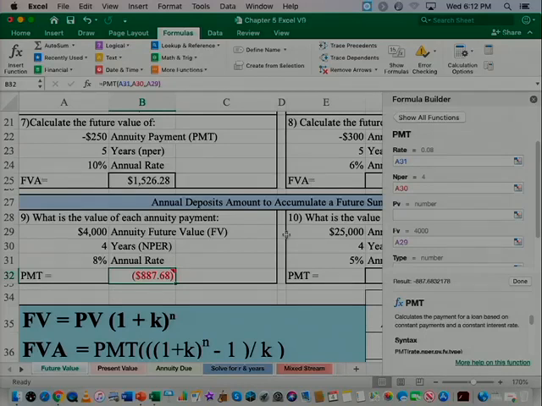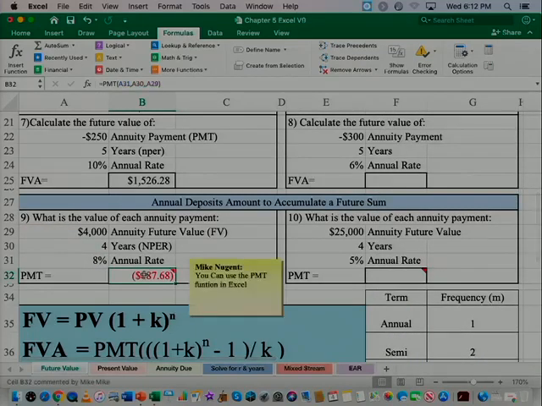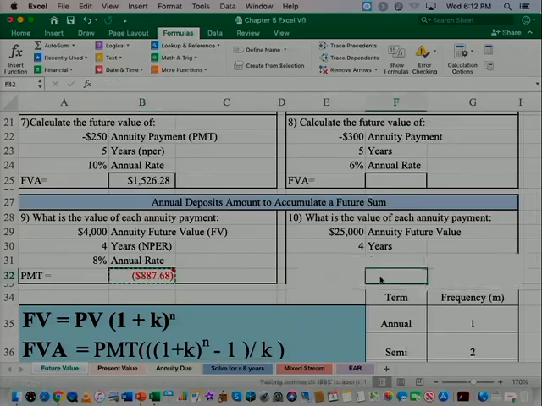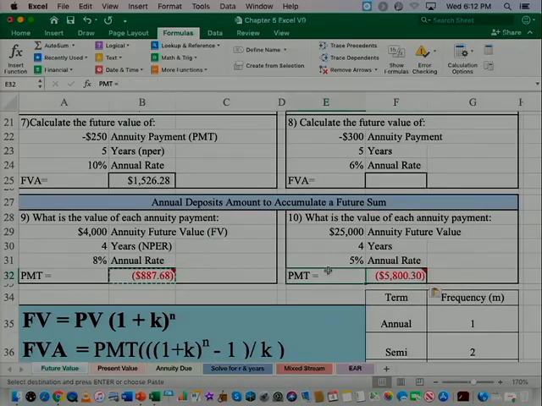All right, did you get question 10? What is your answer? $5,800 per year would have to be saved for 4 years at a 5% rate to get to $25,000.